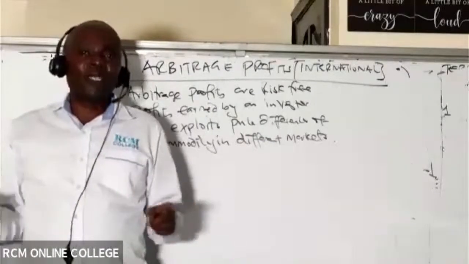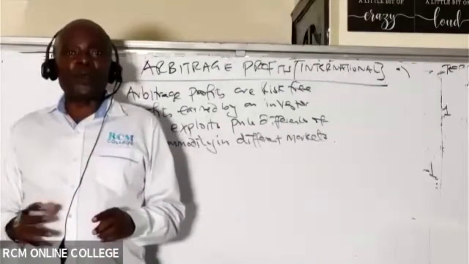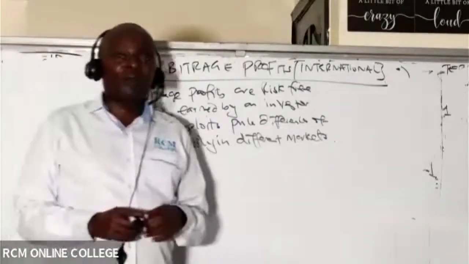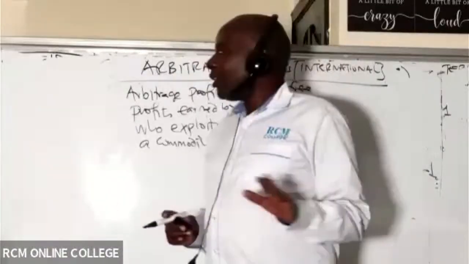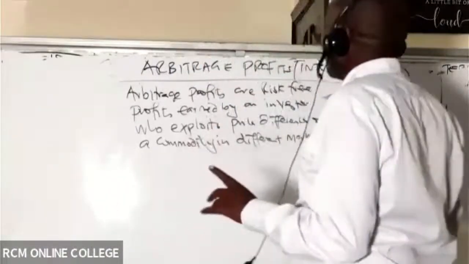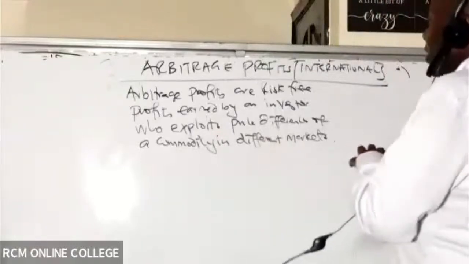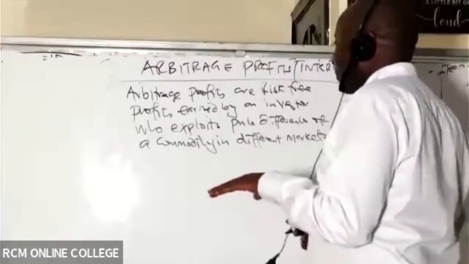You borrow, buy, sell, and return the money to the person who lent it to you, and then you remain with profit. You're not taking any risks. So arbitrage profits are risk-free profits earned by an investor who exploits price differences of a commodity in different markets.